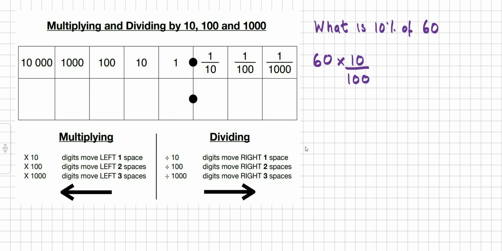So if we put those two together, what's going to happen is that we're actually just doing the same thing as if we were dividing by 10. And that's something you maybe need to stop and think about. So finding 10% is the same as dividing by 10.